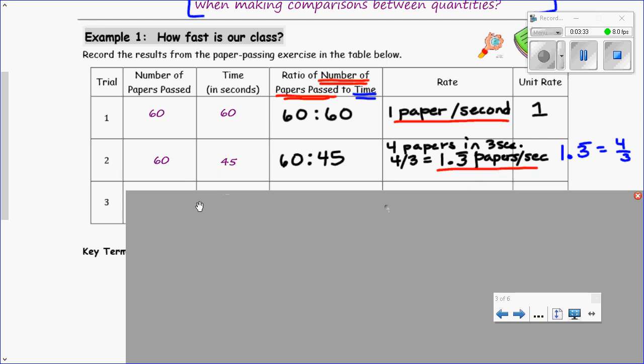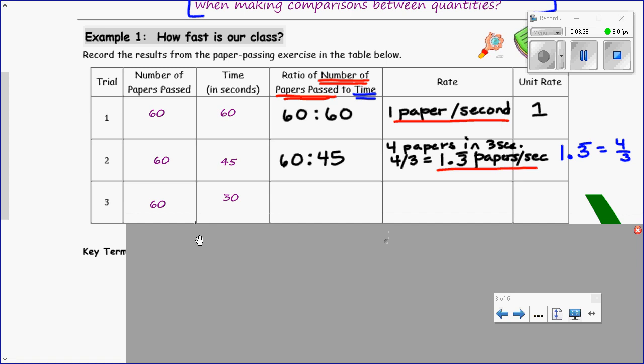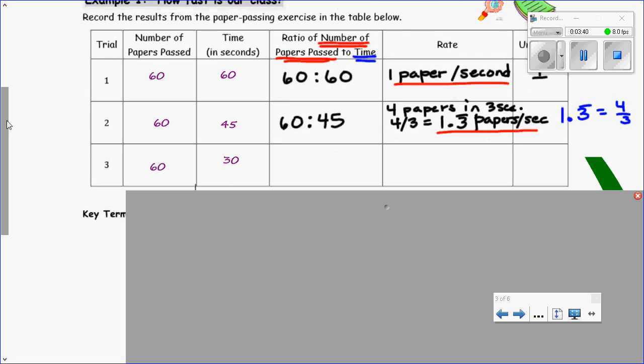In the last one, I'm still going to pass out 60 papers, but it only takes me 30 seconds. That's going to be a much easier conversion. This would be 60 to 30, which equals 2 to 1, which means 2 papers per second.